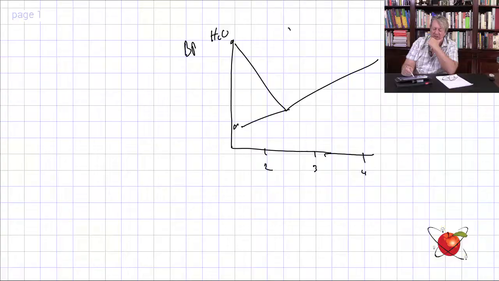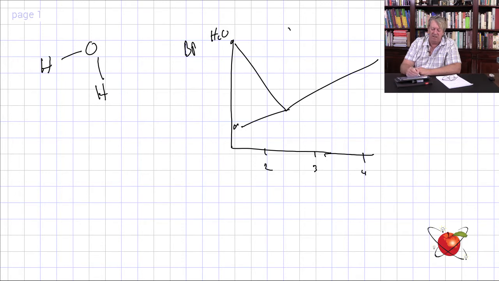What causes water to be high up on that scale? We have the H, the O, and an H. Because this is a polar molecule, this side is negative and this side is positive.